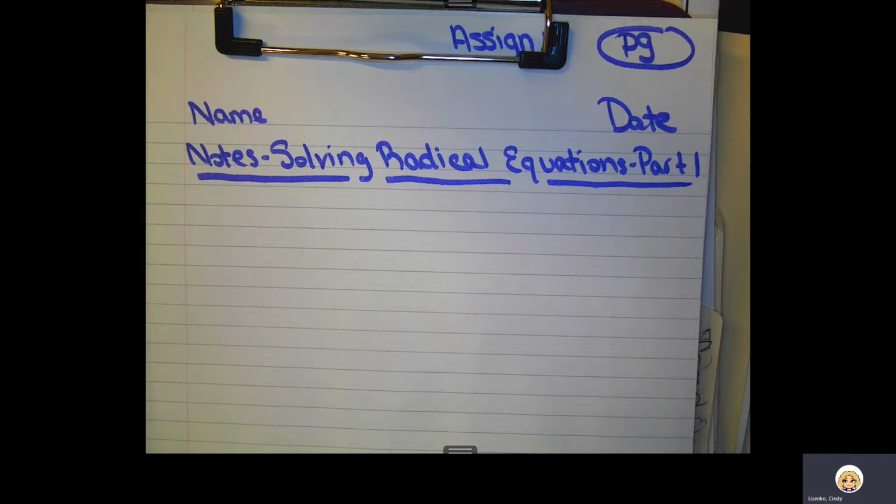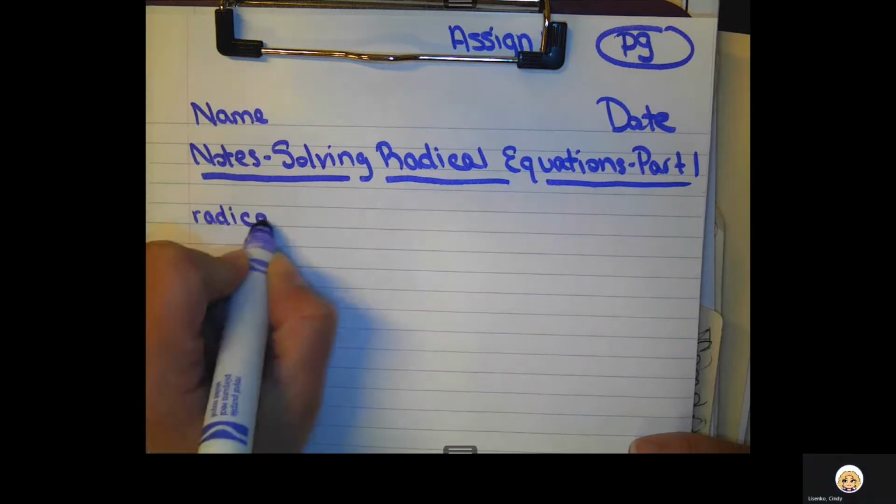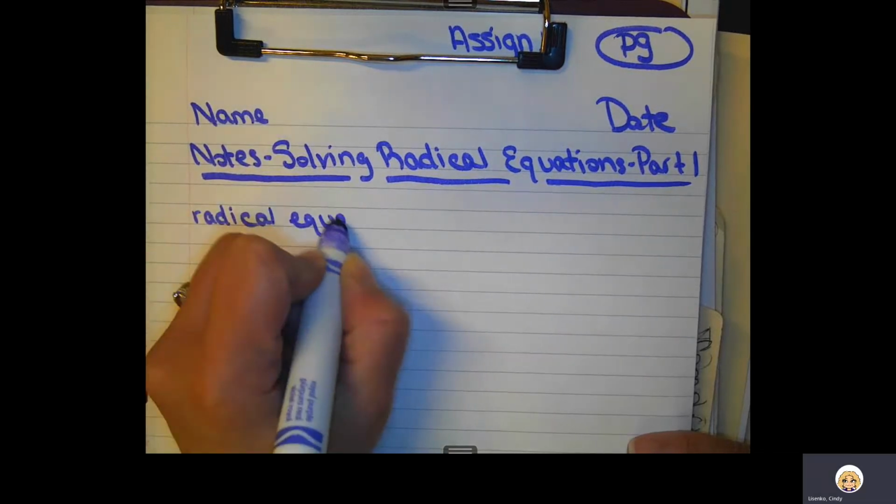We're going to start off with a quick definition of what a radical equation is, and then we'll get into some steps. So can you write radical equation? Radical equation.